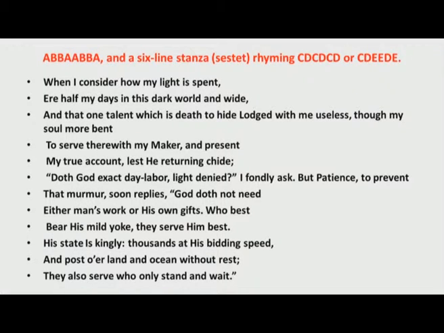I fondly ask. But Patience, to prevent that murmur, soon replies, "God doth not need either man's work or his own gifts. Who best bear his mild yoke, they serve him best. His state is kingly; thousands at his bidding speed, and post o'er land and ocean without rest; they also serve who only stand and wait."